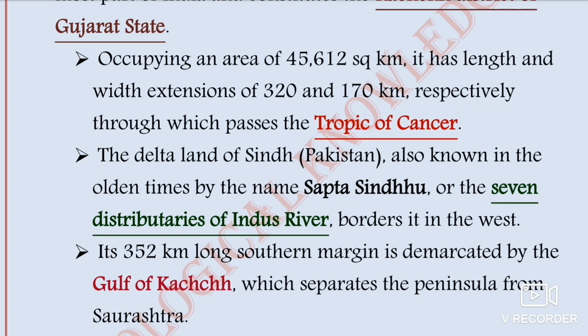The western boundary is formed by the Sapt Sindhu, and its 352 km long southern margin has been demarcated by the Gulf of Kutch, which separates the peninsula from the Saurashtra region.